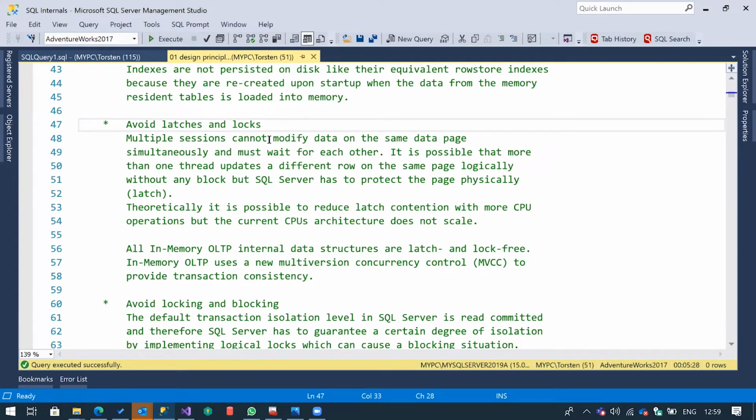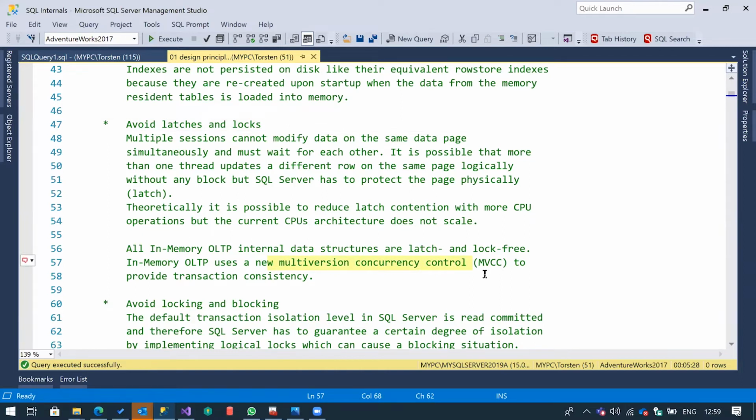And the GAM page, therefore, is not your bottleneck anymore, because all the information about which pages belong to which object has to be saved in the system pages. So your system pages become your bottleneck, right? This is something which is completely eliminated in In-Memory OLTP, because In-Memory OLTP is based on, as you can see, multi-version concurrency control.